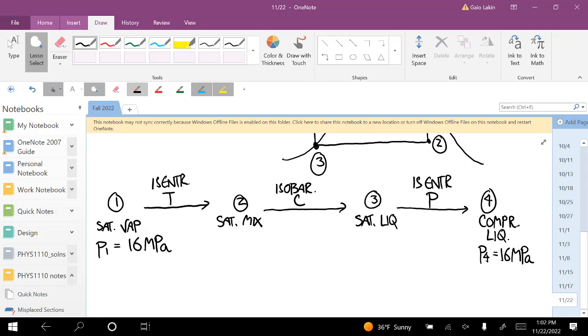The condenser pressure is 8 kilopascals, so P2 is 8 kPa, and that's also P3. So if you're given 2 pressures, you can fill out the other 2 because of the isobaric processes.